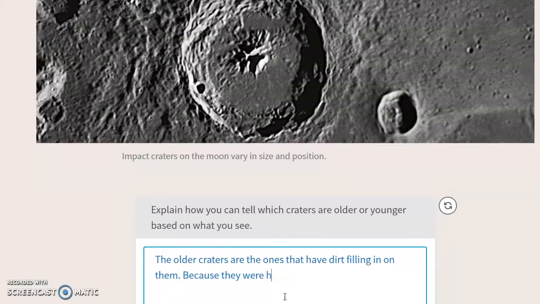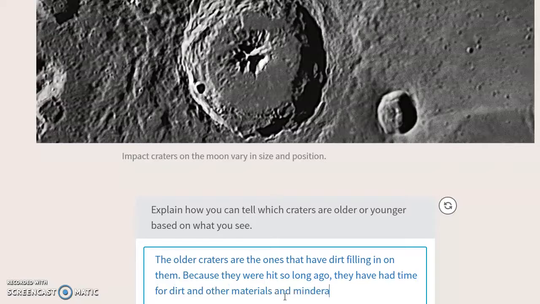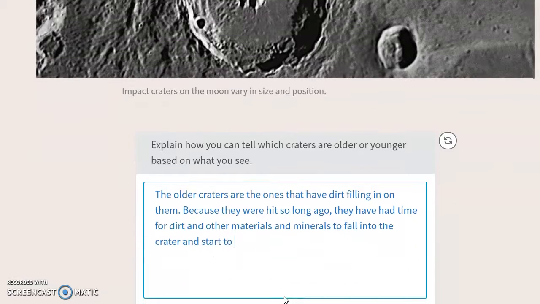Because they were hit so long ago, they have had time for dirt and other materials and minerals to fall into the crater and start to fill it back up. The newer craters have stronger lines and noticeable holes.